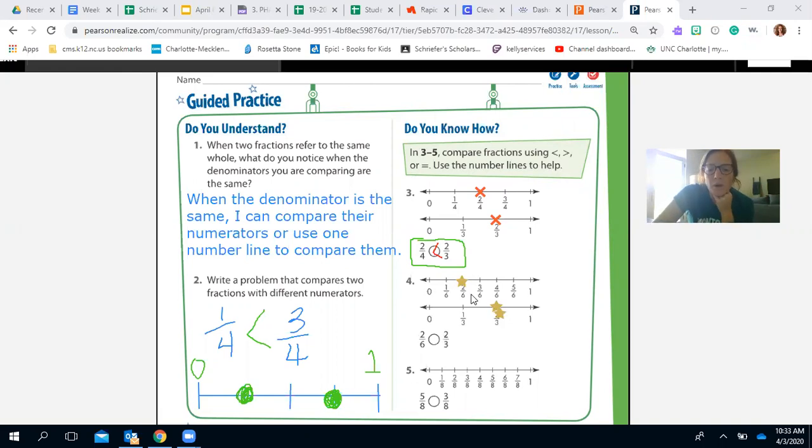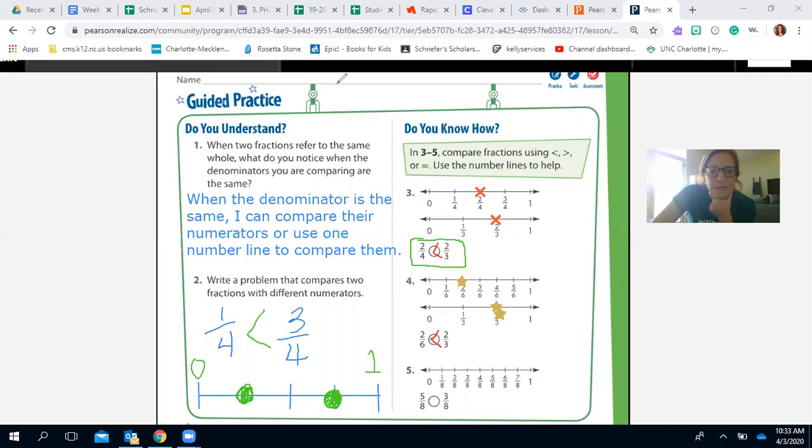Okay, which fraction is closer to 1 whole? 2/6 or 2/3? You're right. 2/3 is bigger, so 2/6 is less than 2/3 because 2/3 is closer to 1 whole.